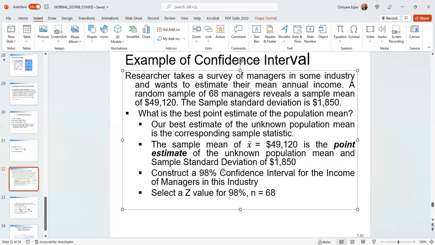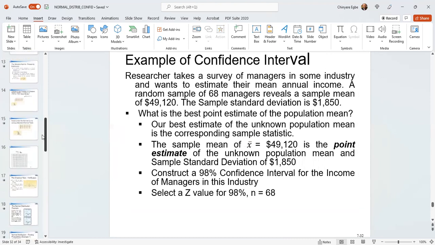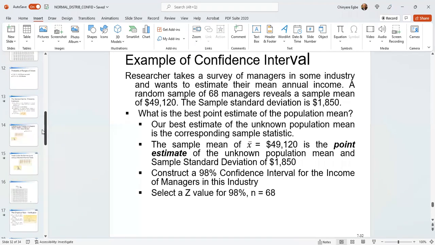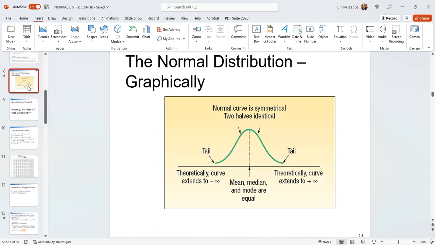So a 98% confidence. Now, we are looking at 98% of the distribution of Z. Here is the Z table. So we are looking at a calculation that will put 98% confidence in our calculation.